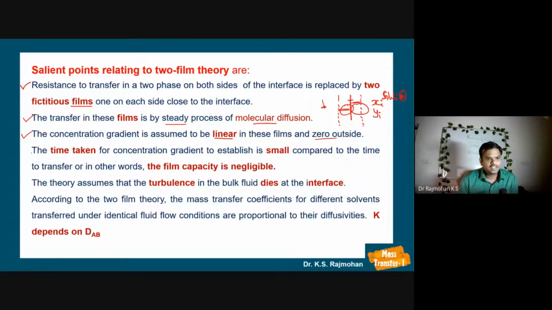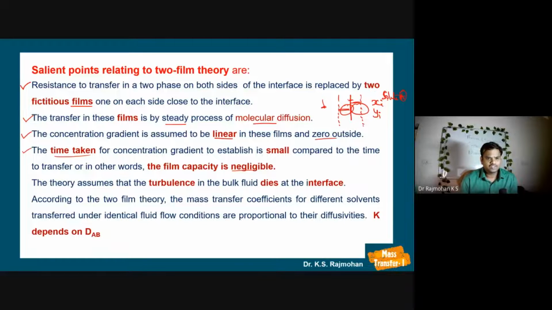Another point it assumes is that the time taken for the concentration gradient to establish is very small compared to the time to transfer. That means the film capacity is negligible. As soon as contact comes into the picture, the concentration gradient is established.